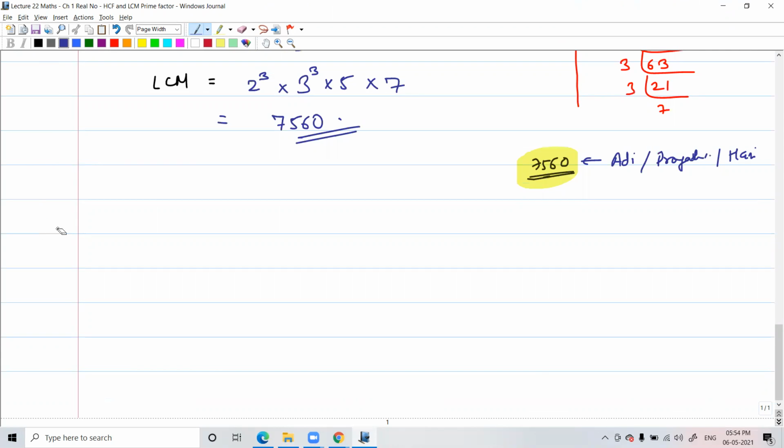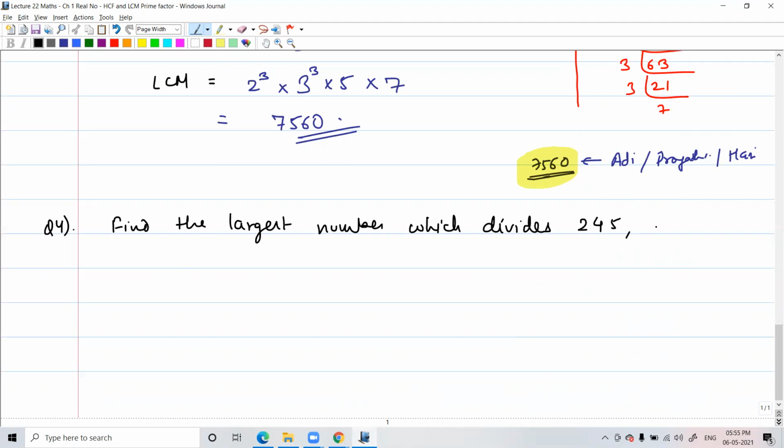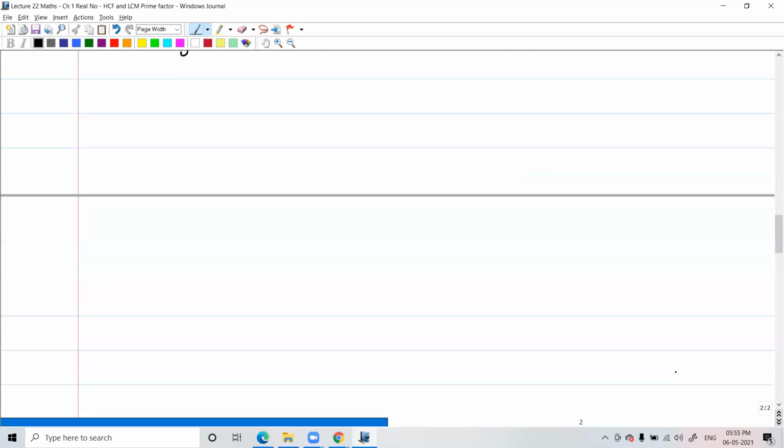Which question is this? Question 4. So both read the question and tell me who understands what needs to be done here.